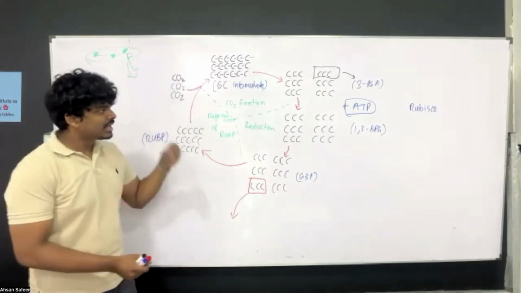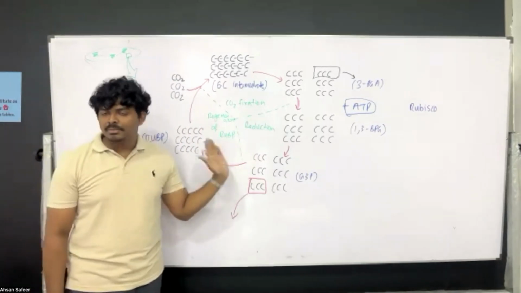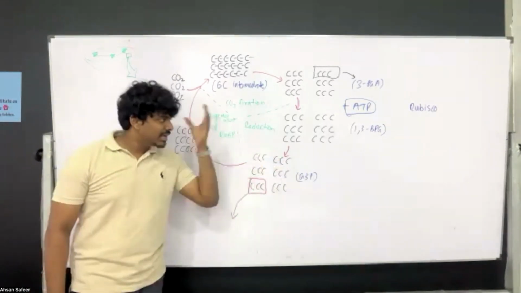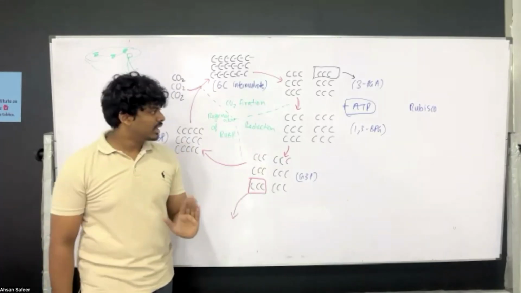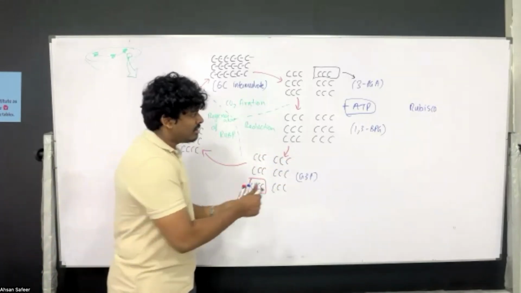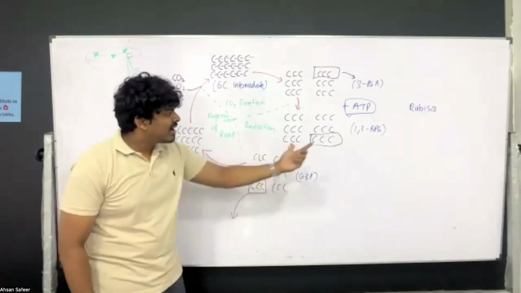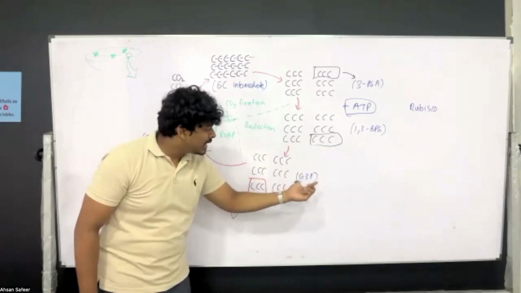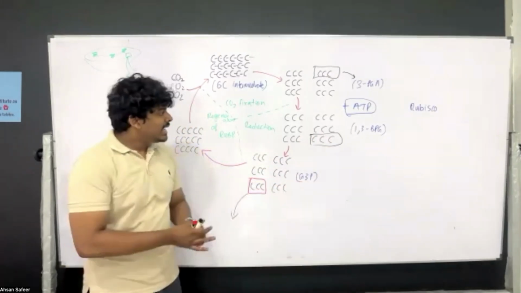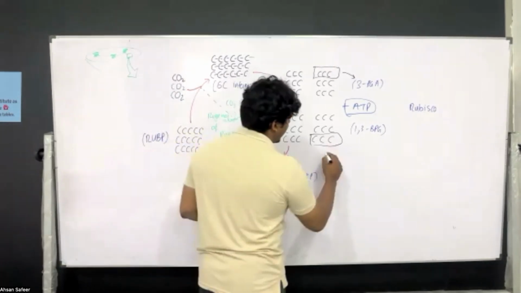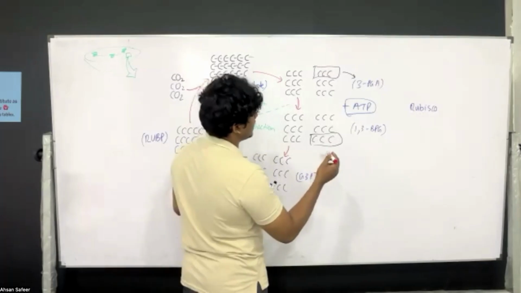Okay. Then you have the reduction phase. What does reduction mean? The specific compound that we are talking about here will undergo reduction. Is that clear? Okay. So what is the compound here now? 1,3-bisphosphoglycerate. Right. This 1,3-bisphosphoglycerate will become glyceraldehyde 3-phosphate. In this process, you require ATP and NADPH.